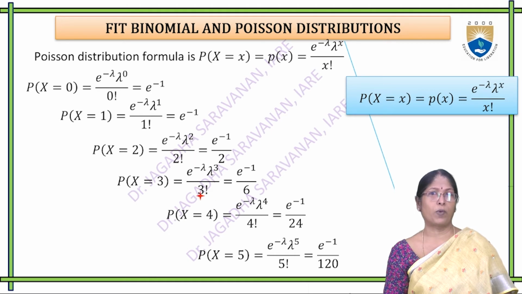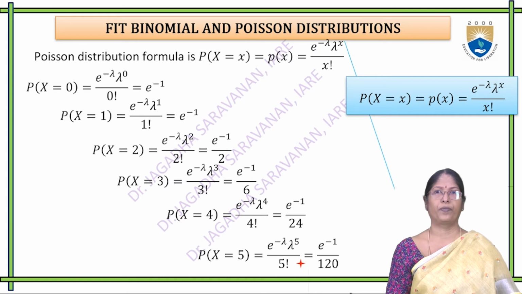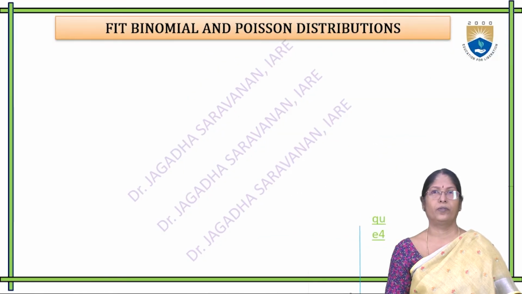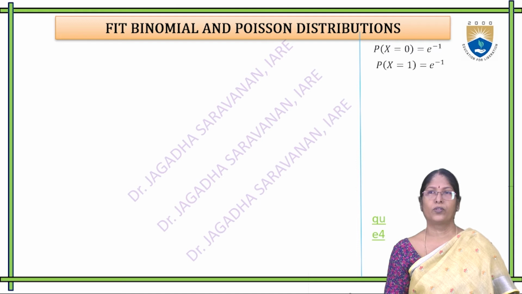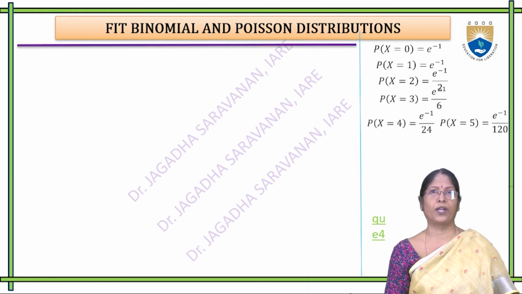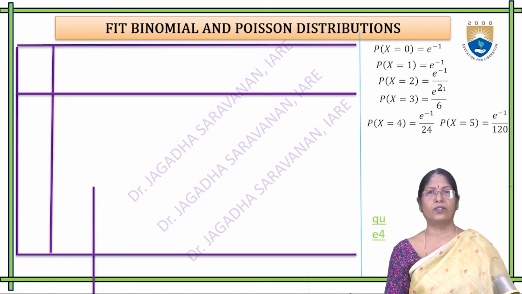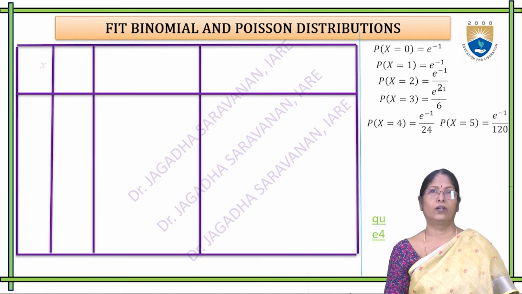The star mark denotes that wherever x appears, we change it according to the x value. So we just kept it in the rough. These are the values we obtained. Now we will construct the fitted Poisson distribution.